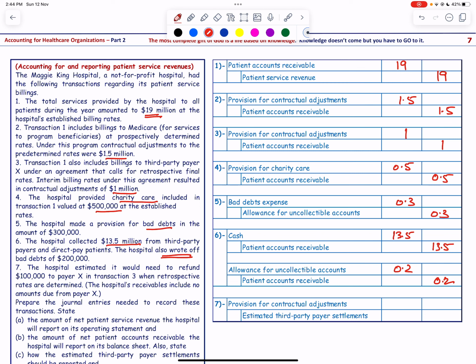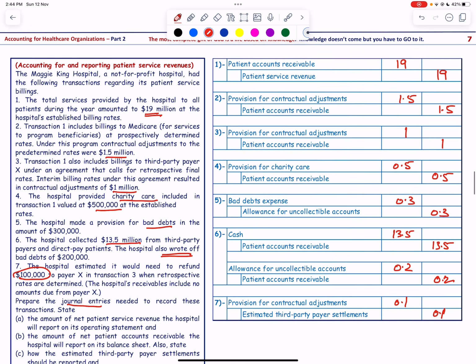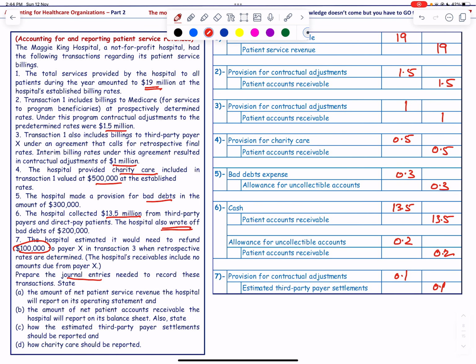Then the hospital estimated it would need to refund 100,000 to payer X in transaction 3 when retrospective rates are determined. So provision for contractual adjustments is debit by 100,000 and estimated third party payer settlement is credited by 100,000. So these were the journal entries that we were supposed to prepare in this transaction. And next they are asking for the amount of the net patient service revenue.